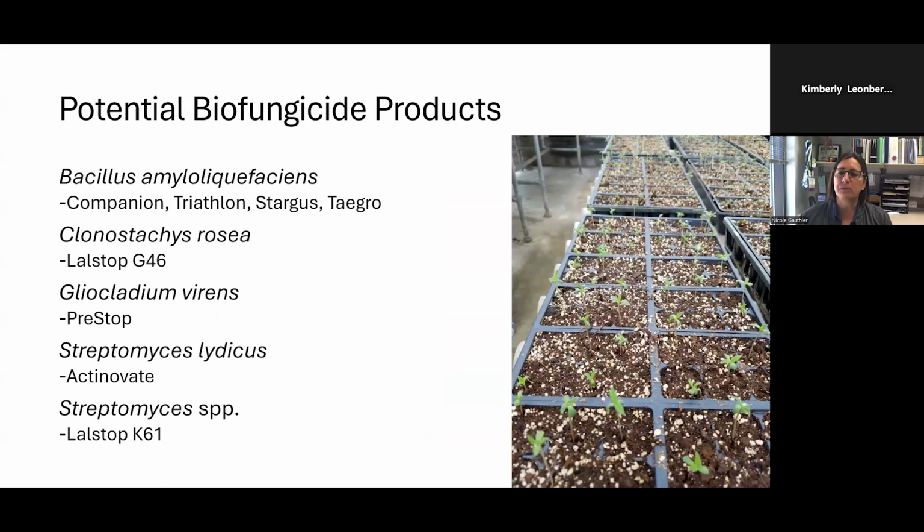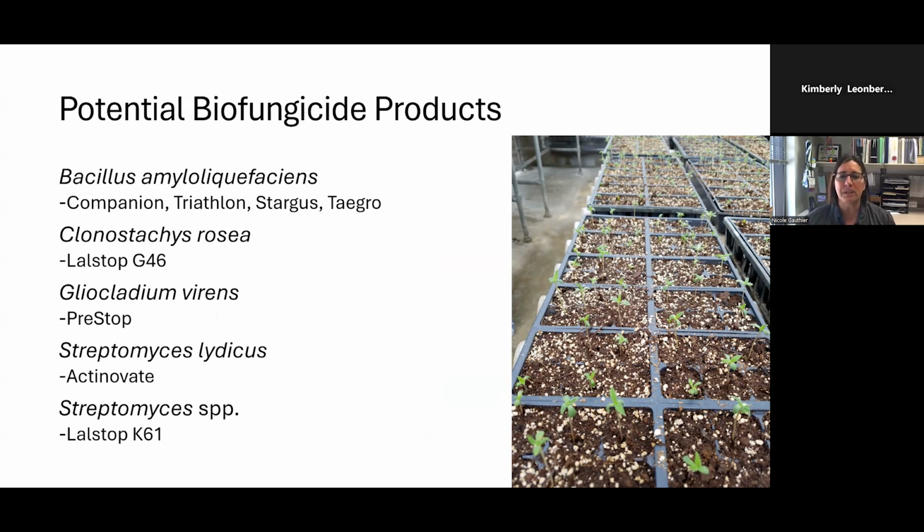In terms of management, we don't have conventional products at this point to manage our damping off diseases, but some biological fungicides that have potential can be the Bacillus group. There are a lot of Bacillus products, by the way; I'm lumping them together here. Also Clonostachys, Gliocladium, and Streptomyces, where there are a couple of different Streptomyces products.